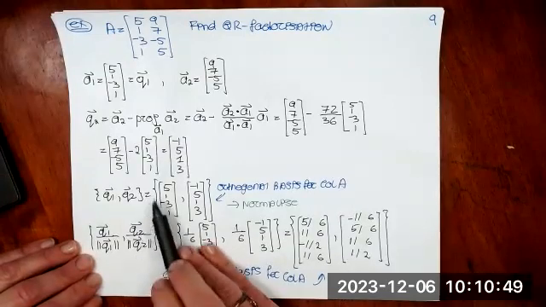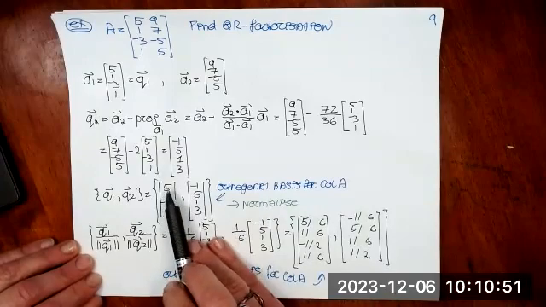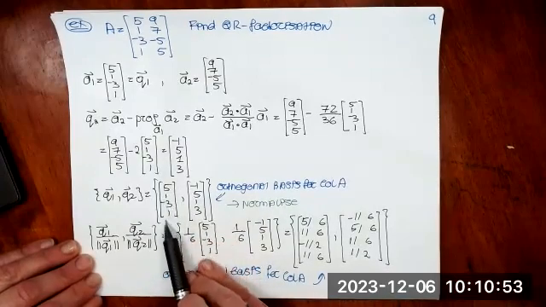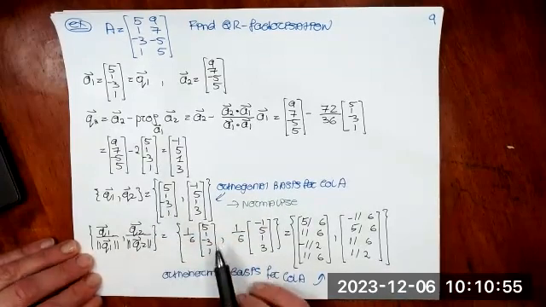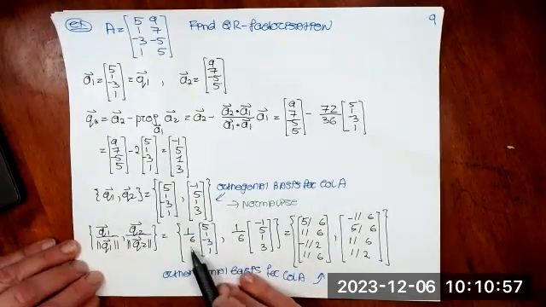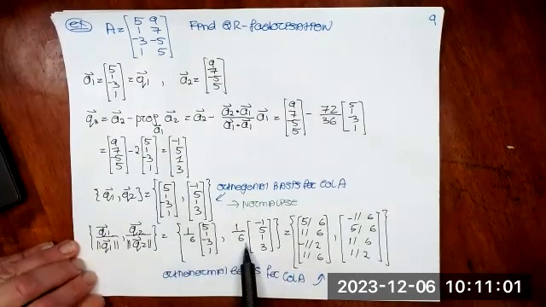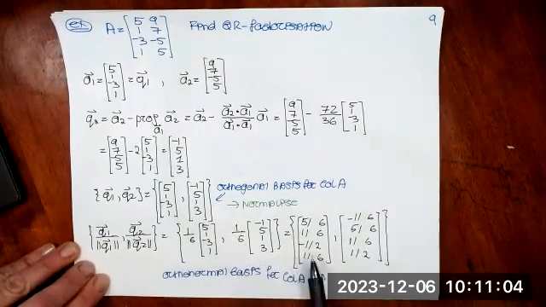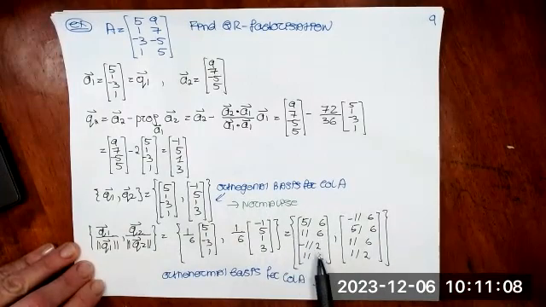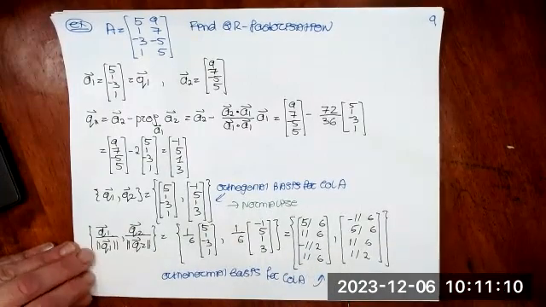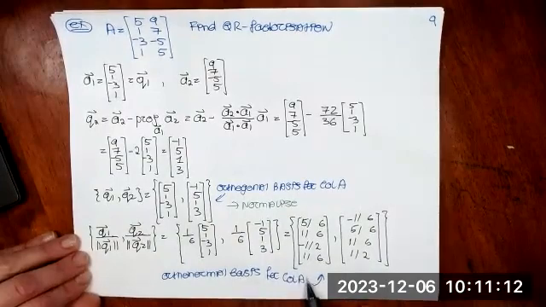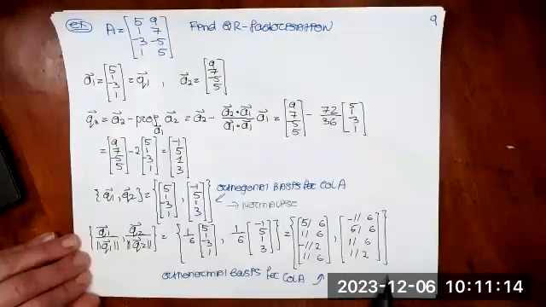If I compute the length of Q1, 5 squared plus 1 squared plus 3 squared plus 1 squared, square root, I get the square root of 36. So I'm just rescaling them to make them unit vectors. If I rescale, I get 5 over 6, 1 over 6, minus 1/2, and so on. All right, and this is my orthonormal basis for the column space of A.